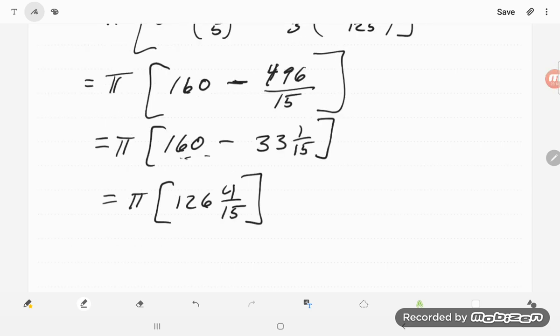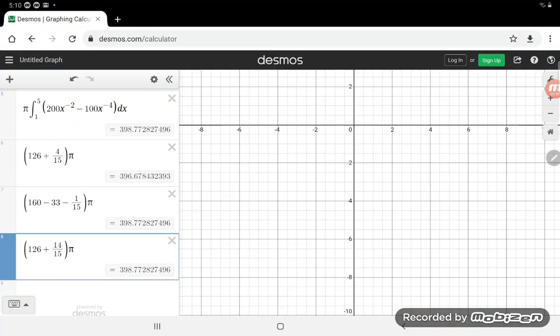Okay, that didn't take me too long, but I did pause it while I looked real quick. Right, I did the 160 minus 33 and a 15th, and I said 4/15, right? But that's 1/15. That should have been 14/15. So that should have been what we did, and I checked that a couple different ways.